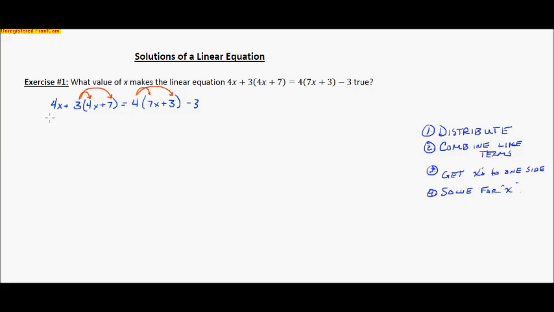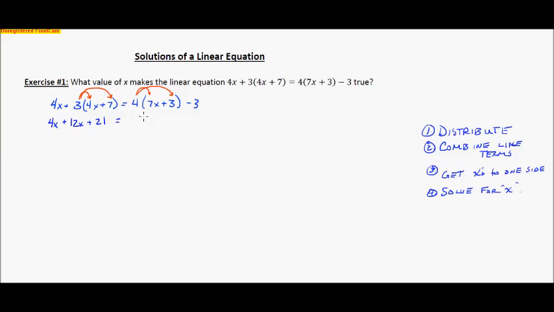So this 4x just comes down, and when I distribute, remember I'm multiplying, alright? And you can multiply numbers times other terms that do not have the same like terms. So when I take 3 times 4x, I get 12x. And when I take 3 times the 7, I get 21.